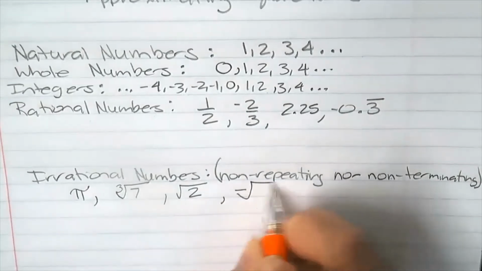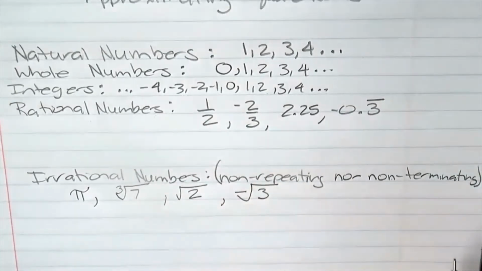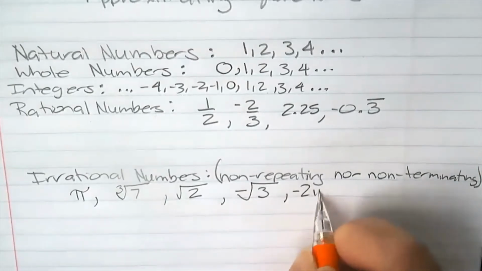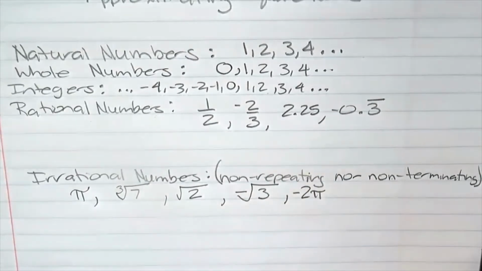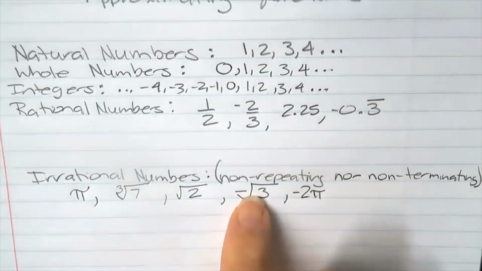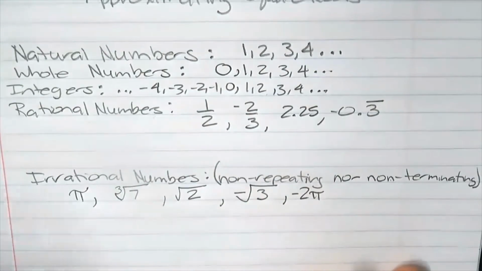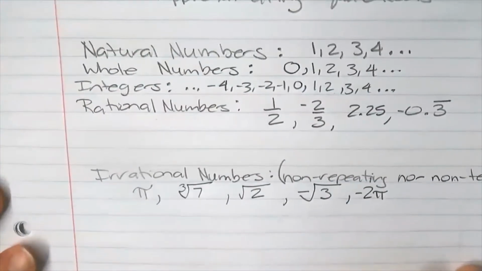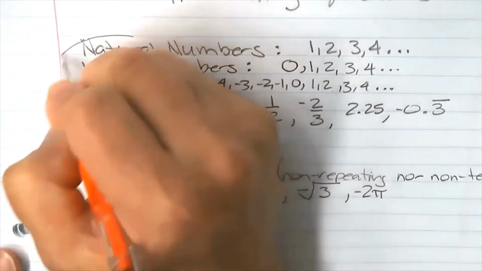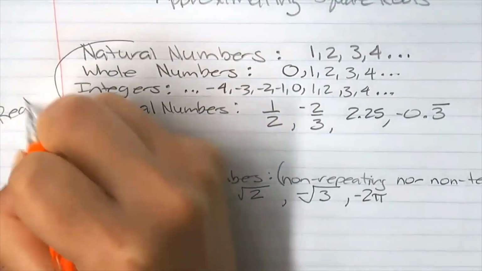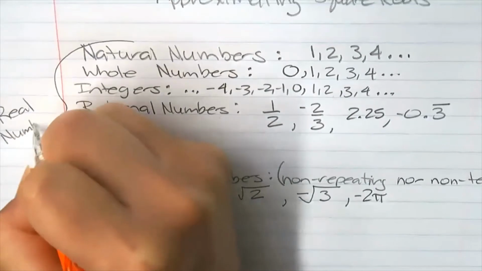The negative square root of 3. And -2 pi. So these are some examples of irrational numbers. And all of these numbers fall into a group called real numbers.